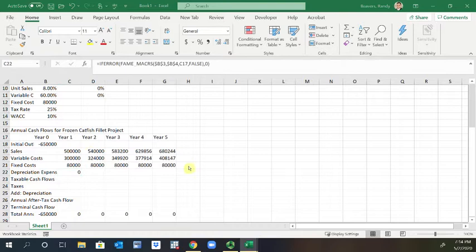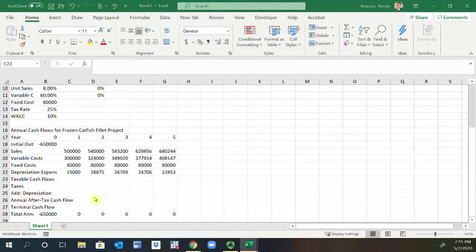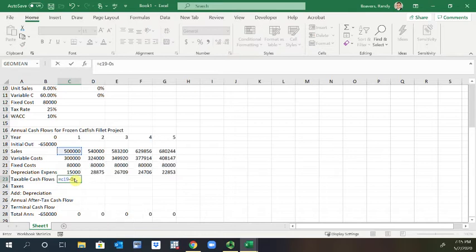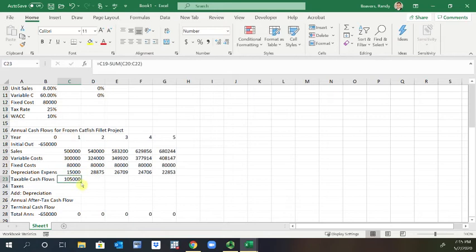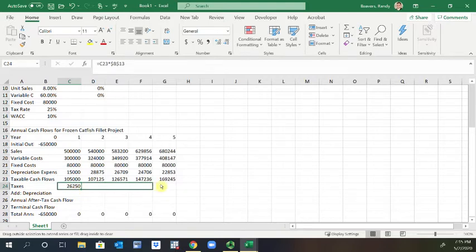Let me go back and make these 0, 1, and this represents the year. Now we'll drag that across, 1 decimal place. So our taxable cash flows will be equal to C19 minus the sum from C20 to C22. I'll drag that across. Taxes will equal C23 multiplied by B13 anchored. Drag that across.